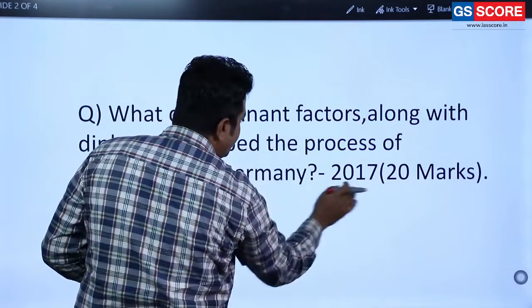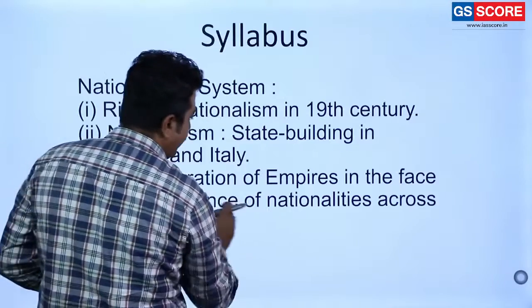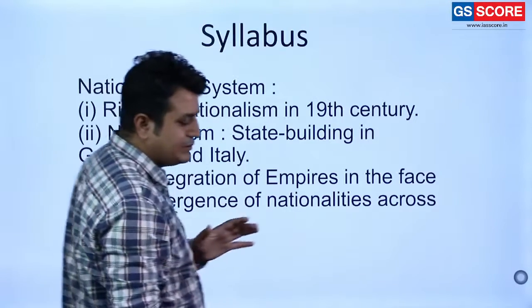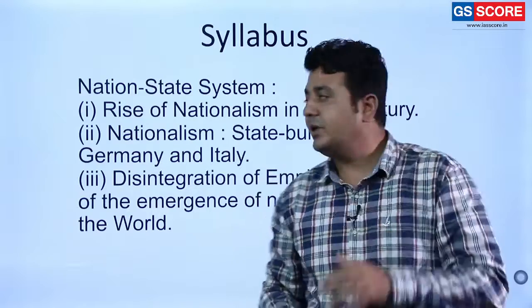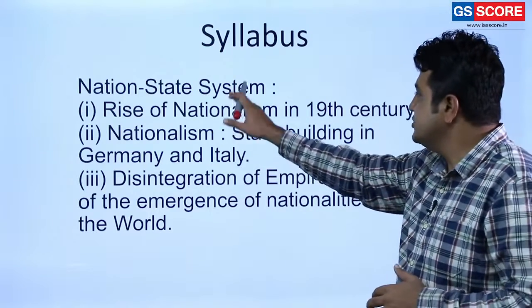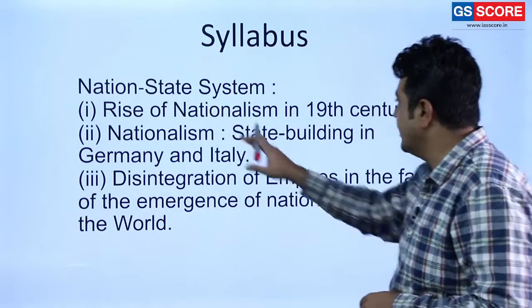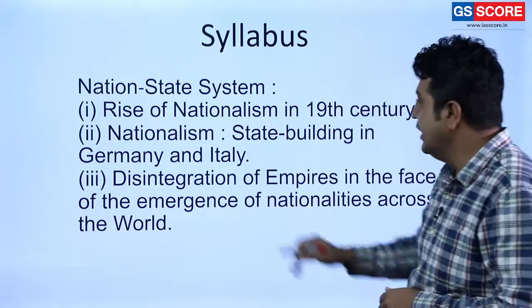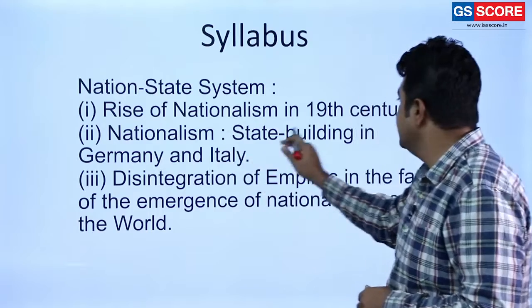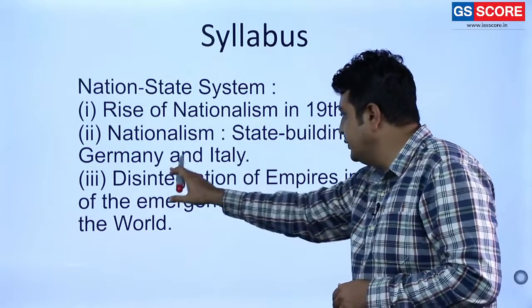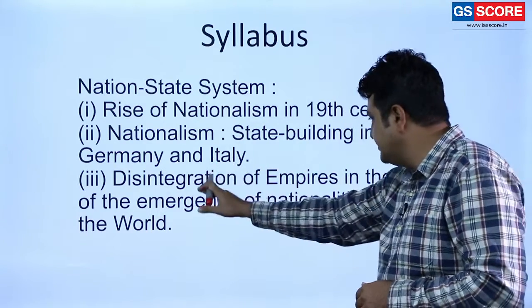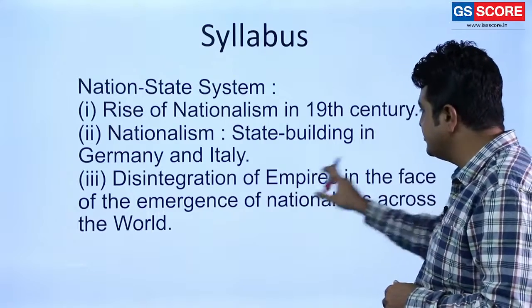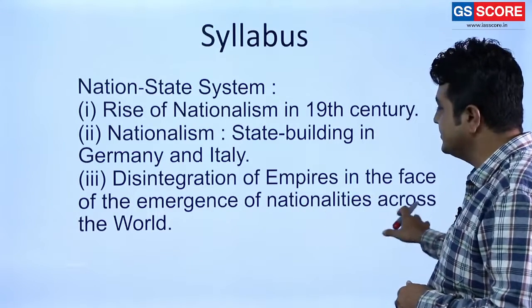From where does this question exactly come? If you go through the syllabus, the topic is the nation state system. In that, the rise of nationalism in the 19th century. Next, nationalism and state building in Germany and Italy. Then, disintegration of empires in the face of the emergence of nationalities across the world.